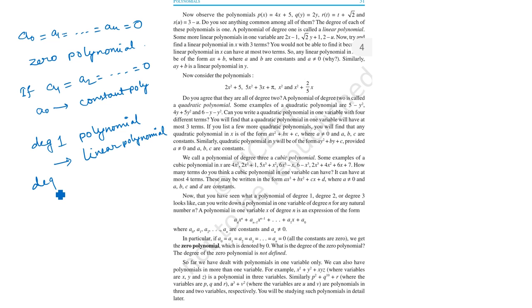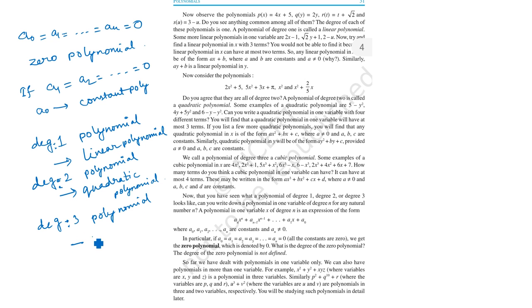A degree 2 polynomial is called a quadratic polynomial, and a degree 3 polynomial is called a cubic polynomial, and so on.